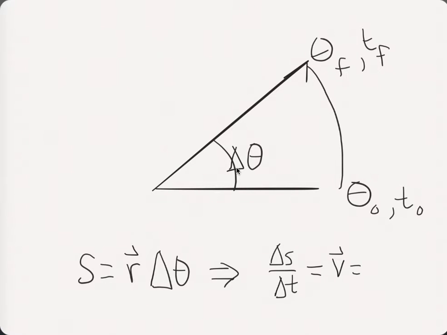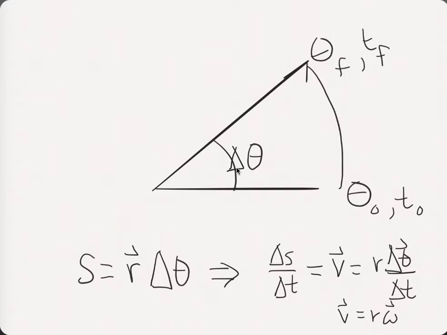But we can also represent it as R delta theta over delta T. And so this delta theta over delta T is just omega. And omega is our angular velocity. So delta theta over delta T is actually angular velocity, and the way we represent angular velocity is with the Greek symbol omega. Hopefully that's clear.